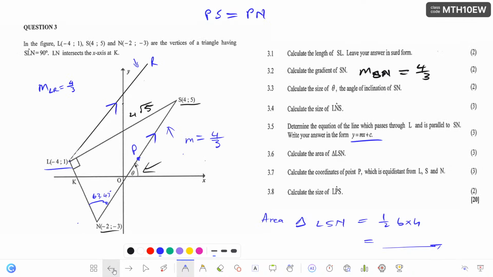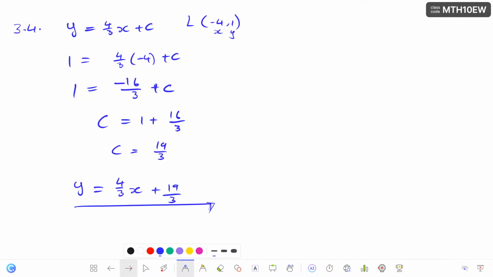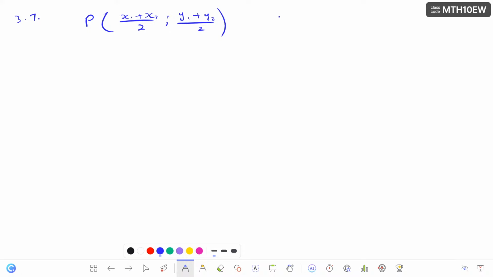So I need to know the coordinates of S is 4 and 5, and N is -2 and -3. So you're going to say 4 minus 2 divided by 2, 5 minus 3 divided by 2.